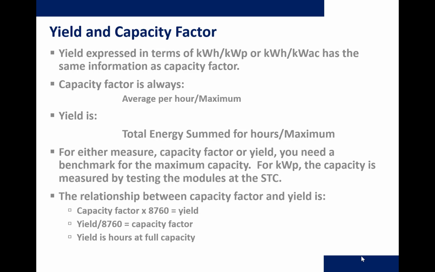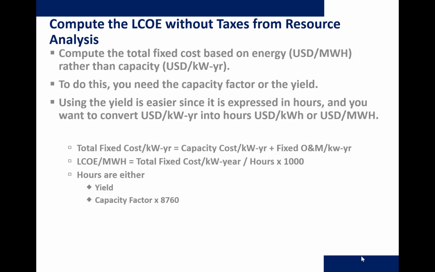If you have a Maserati and you push your pedal down all the way, you can figure out the fastest it can go, the maximum speed, maximum miles or kilometers. For a dispatchable plant, you can take that knob and turn it all the way up and get the maximum. For solar, it's much more of an arbitrary kind of number. It comes from our testing condition, and I think I've already talked about this.